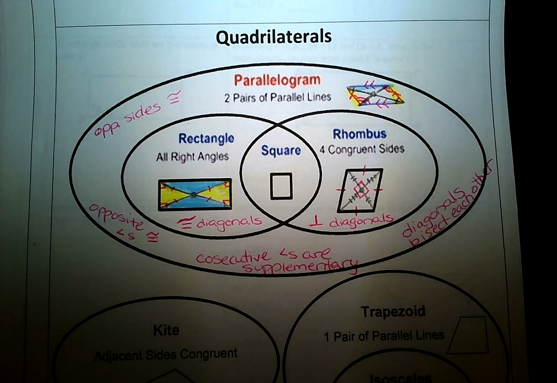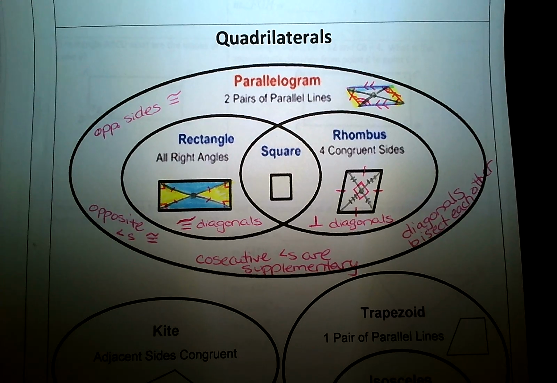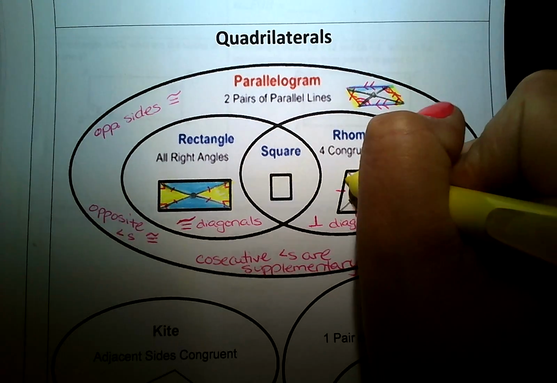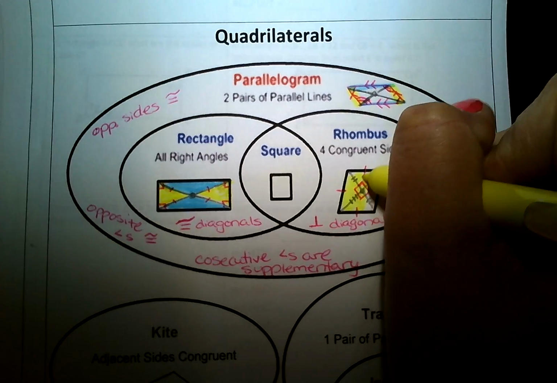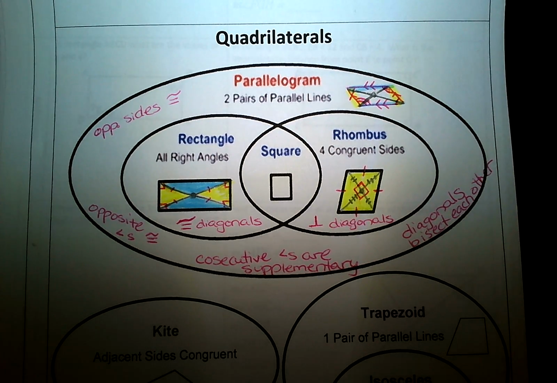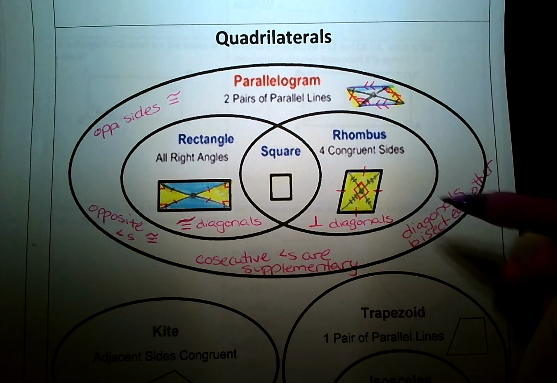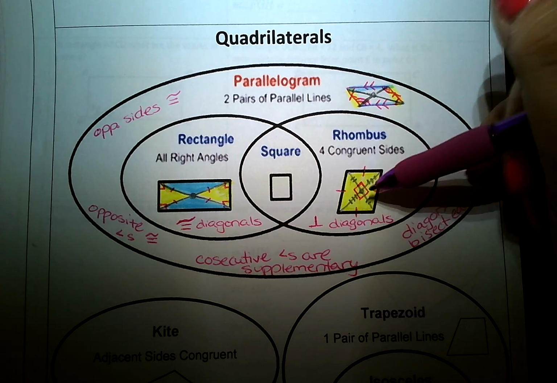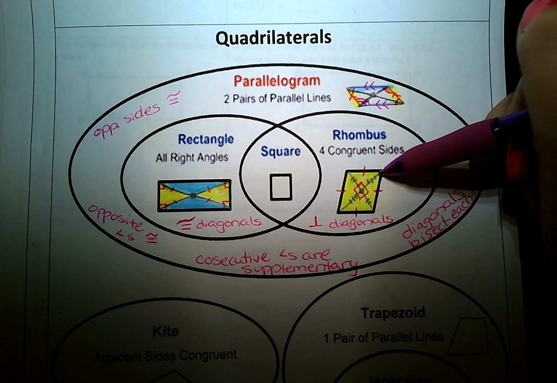So in this shape, each of the four triangles on the interior of a rhombus are congruent to one another. All four of these triangles are congruent to each other, and they're all right triangles. So when that happens, since each one is congruent to each other, we can count the diagonals as lines of symmetry.